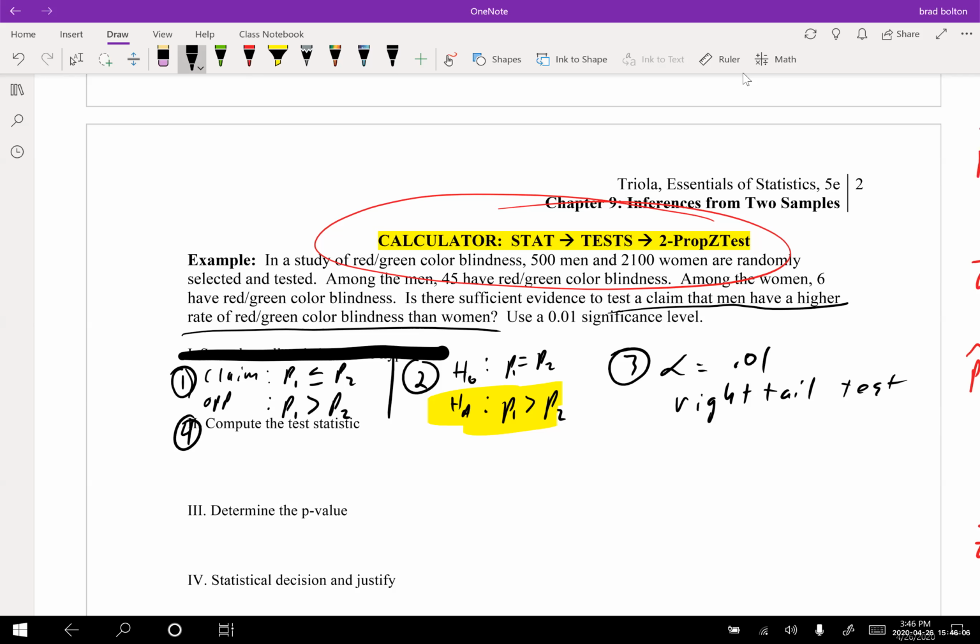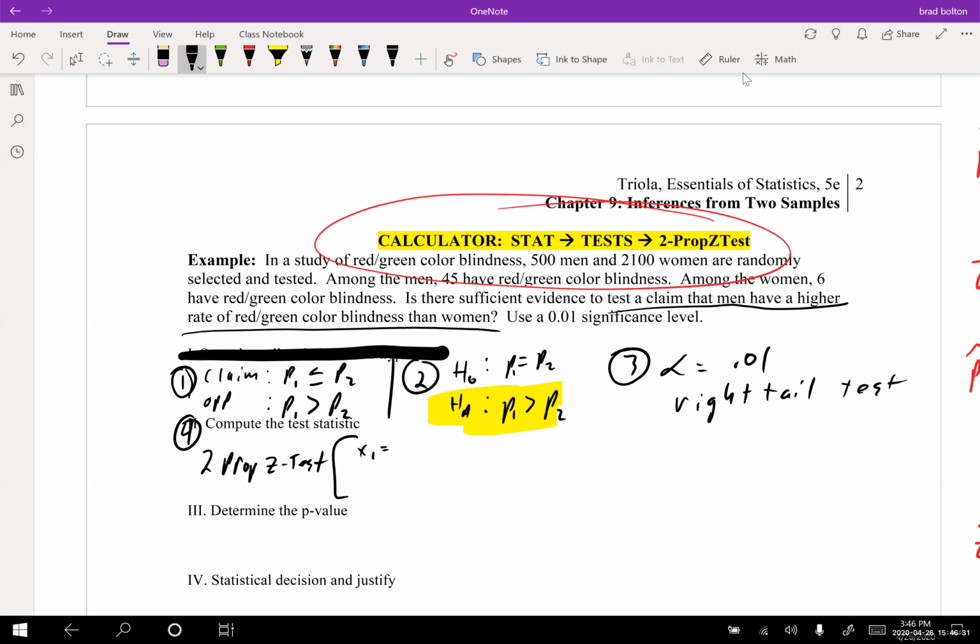Okay, so we're going to go into stat, test, and then we're going to go to 2PropZTest. So 2PropZTest on my calculator is number 6. So I'm going to do 2PropZTest, and then I'm going to list what they want.